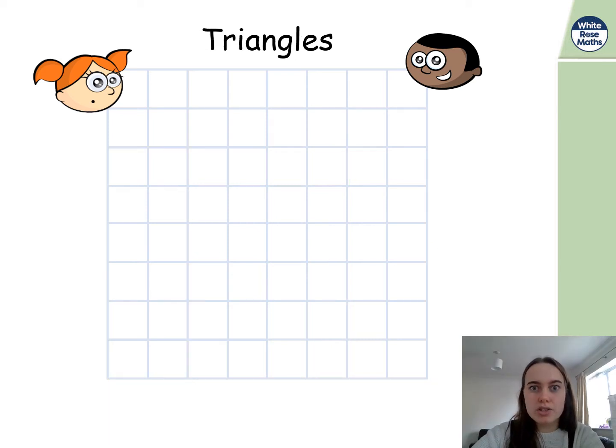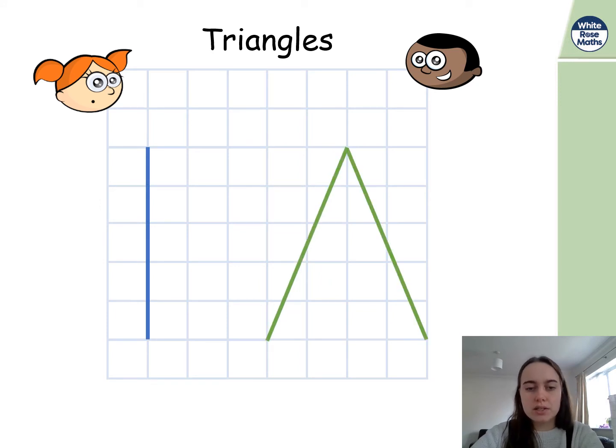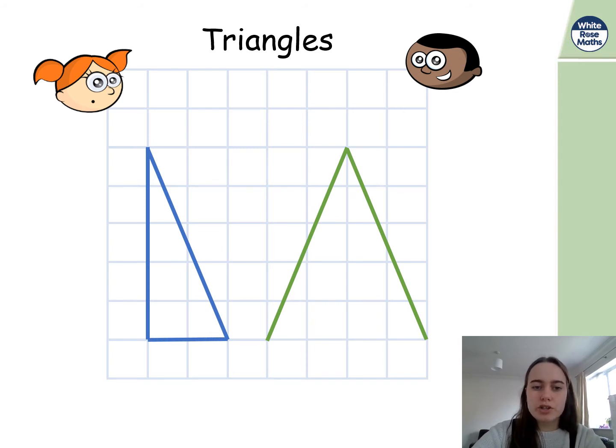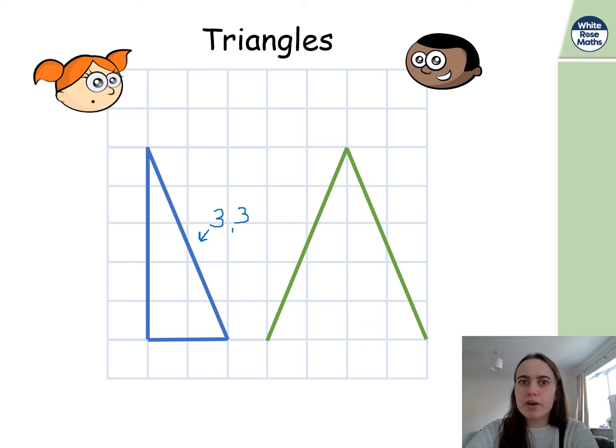Okay, how about these triangles? So we've got 1 line on that one, 2 lines on that one. We've got a whole triangle on the left, that blue shape. This is a triangle. It's got 3 sides and 3 vertices. Now this triangle, is that shape going to work the way that that line is going?